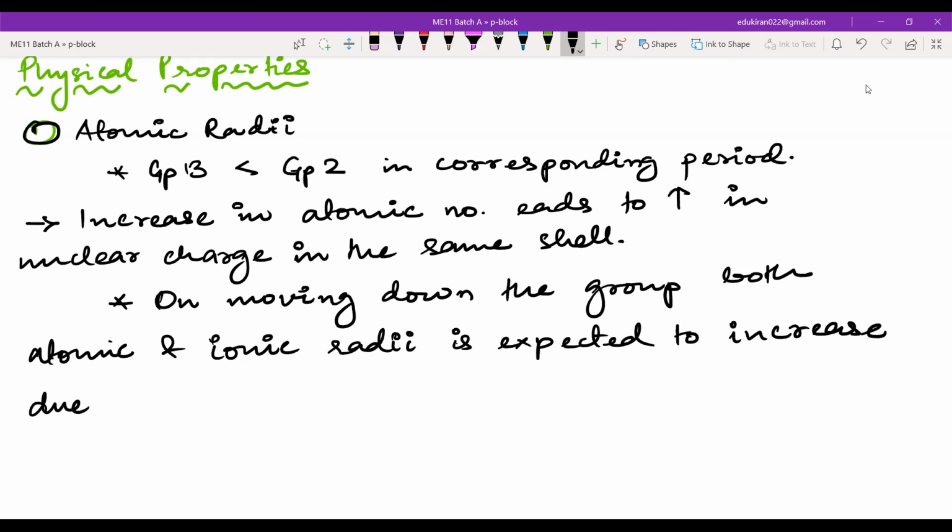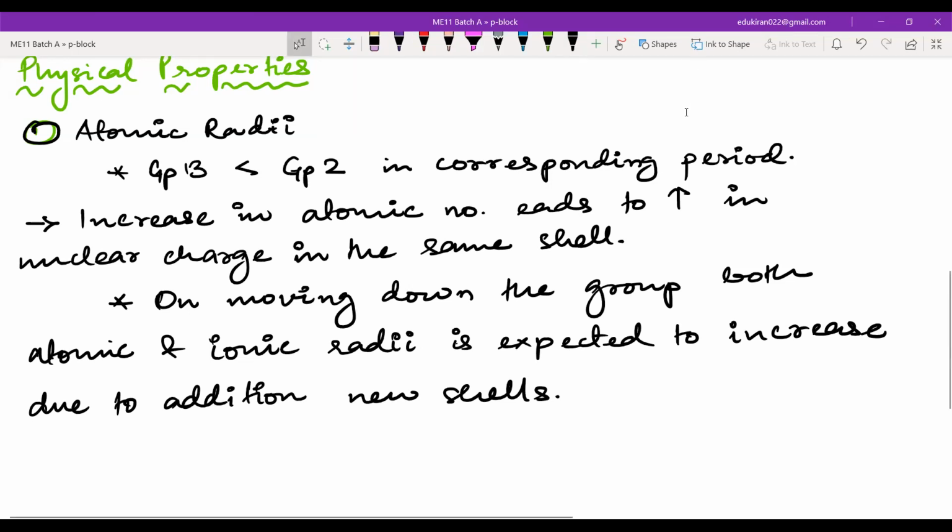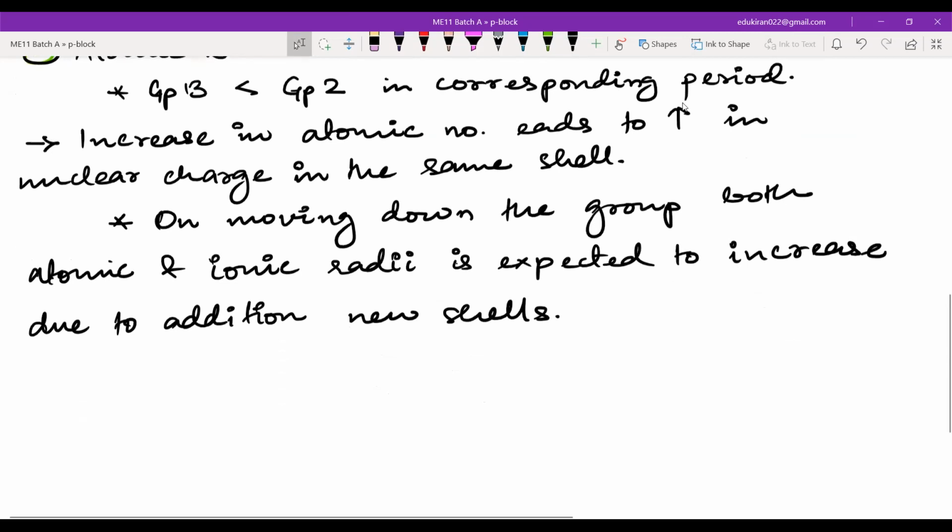Why? Due to addition of new shells. If the shell number is increasing, that means we are increasing the atomic radius. But there is an anomaly here. So what is the anomaly?